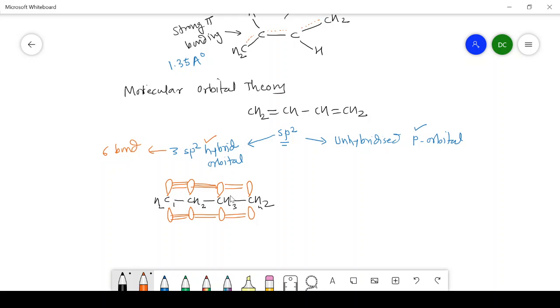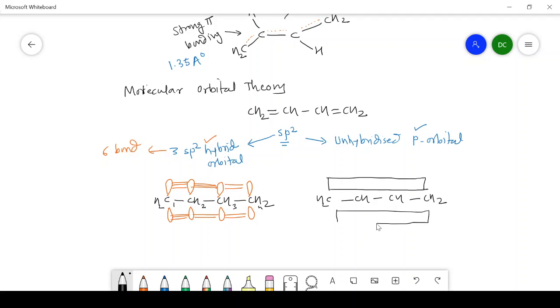This pi cloud is present above and below the plane of this 1,3-butadiene, and it can be written like this: CH2, CH single bond CH, then CH2, and here the pi cloud is present above the plane, and here it is present below the plane.